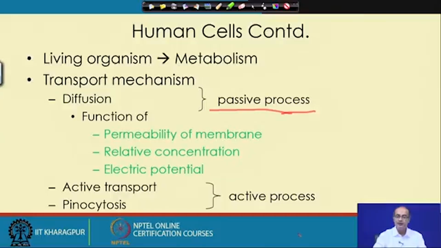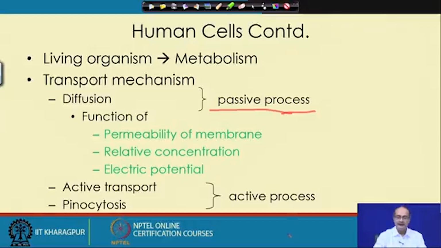The first thing which makes it possible is that the cell membrane is permeable, or semi permeable, we would say. That permeability allows the diffusion of different kinds of ions and particles. That is the first point.